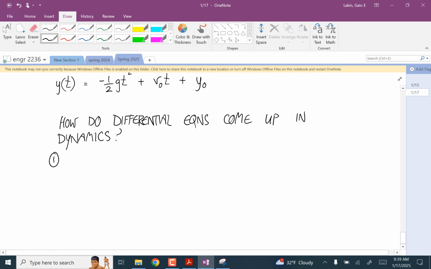Well, the first way is that the velocity is equal to the time derivative of the position, or you can write that as d dt of the position vector.